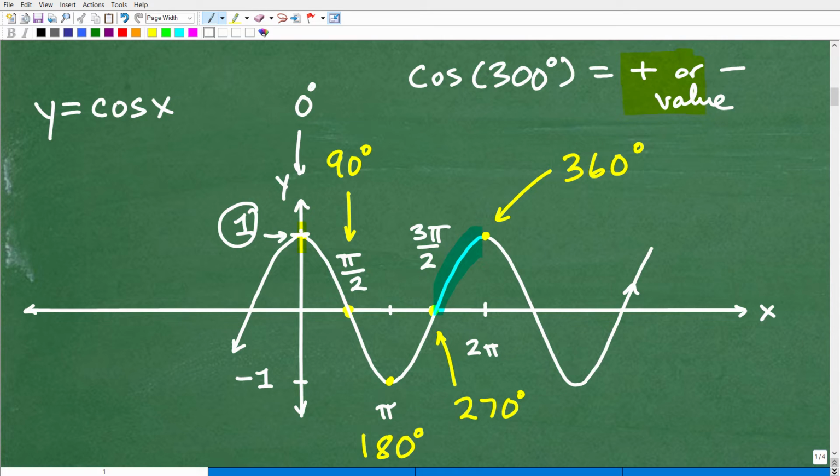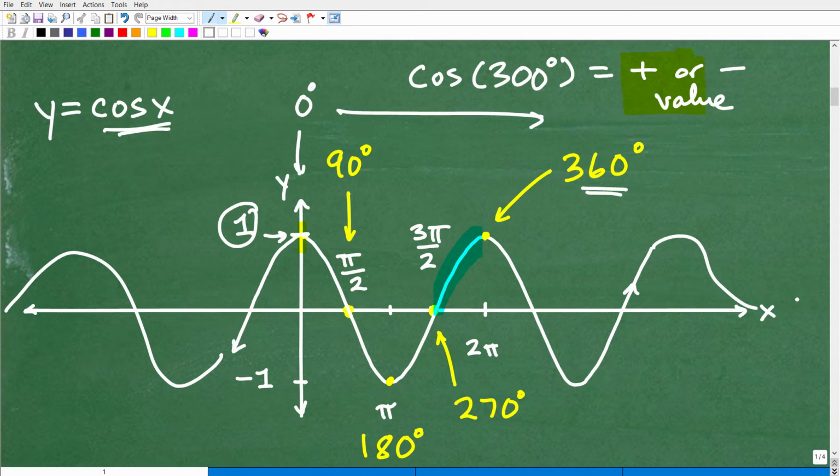If you're at this level of math, you should already know how to graph cosine. But if you didn't know, this is what the cosine graph looks like. We start from 0 degrees and go all the way out to 360 degrees. Cosine, like sine, is a periodic function, because these are cycles that just continue to repeat on and on, so this graph just goes like this and like this.